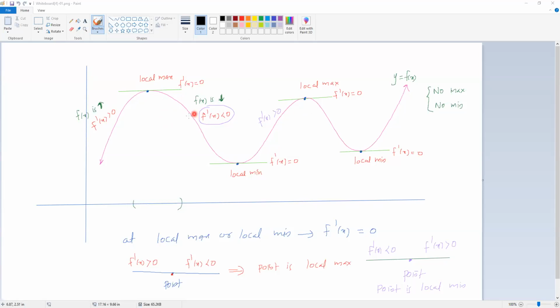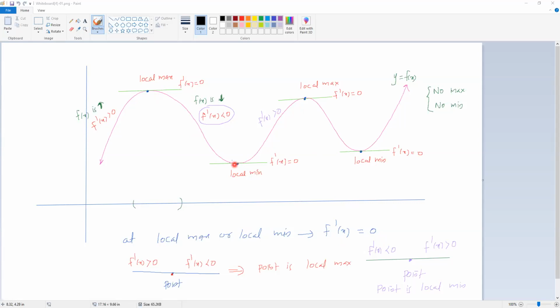So first we have to find the points where the derivative is equal to 0. Then there may be two options: it can be a local maximum or a local minimum.